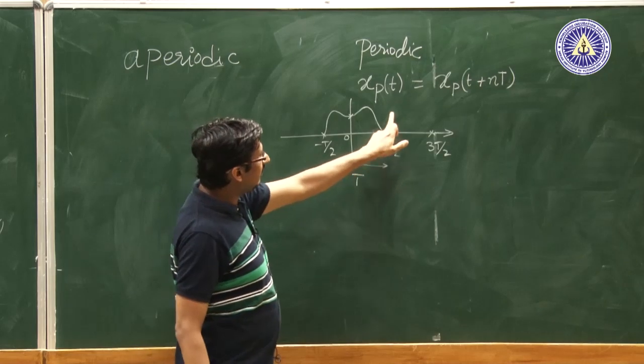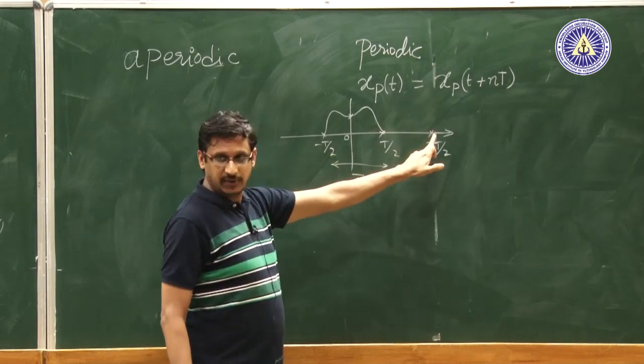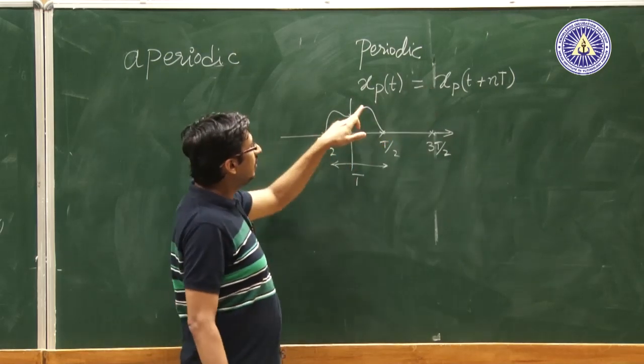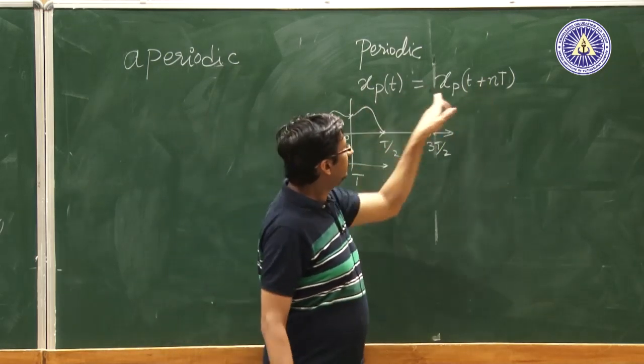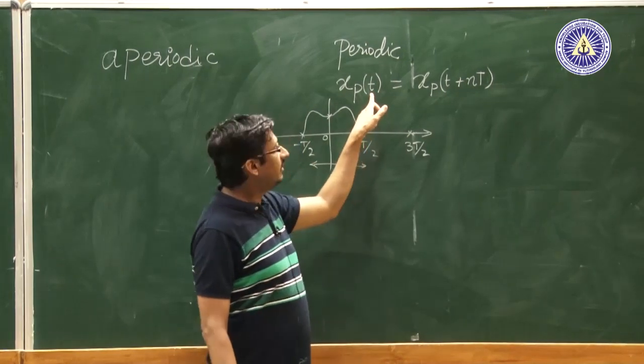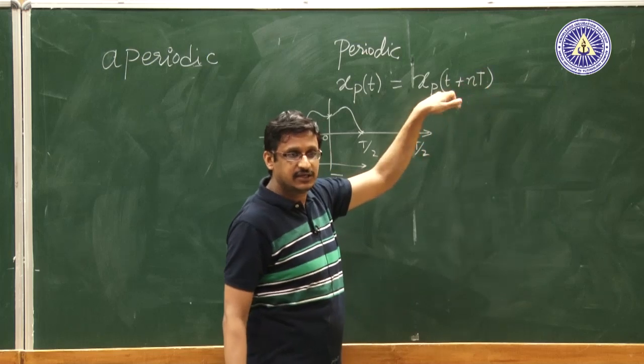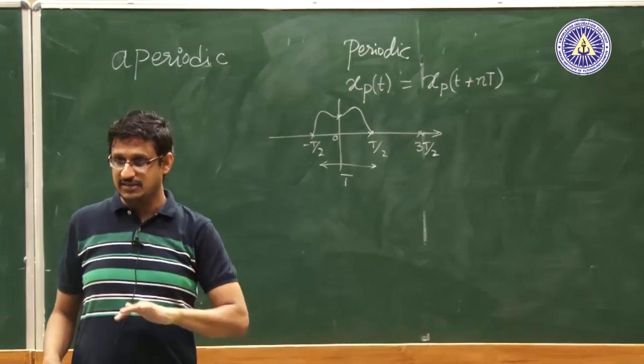To generate the signal over the range say T by 2 to 3T by 2, we now look at this expression, and what we are saying is that whatever the value of the signal at time t will be the same value of the signal at time t plus nT, and n being an integer can be plus or minus.